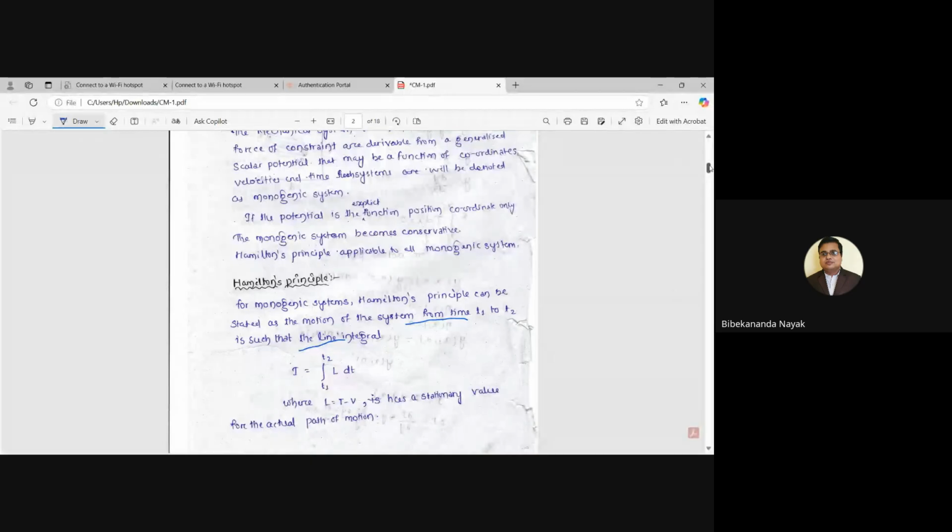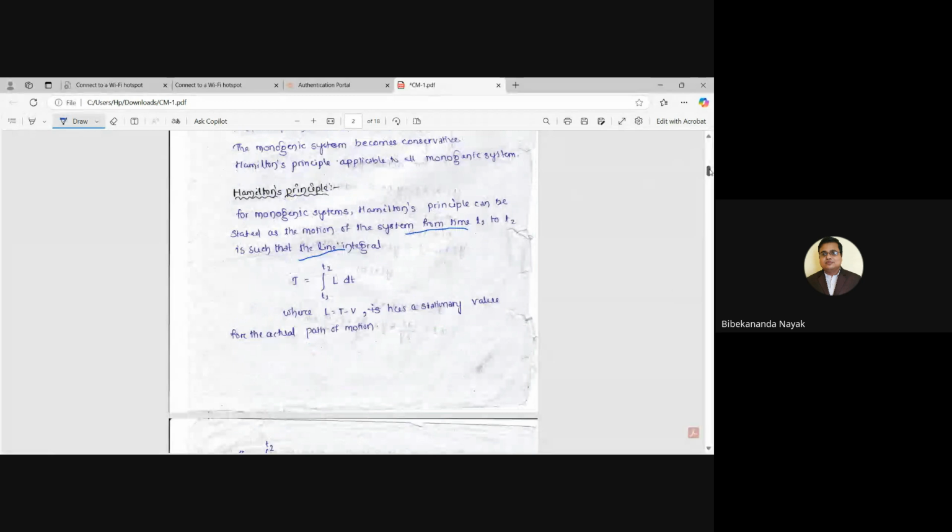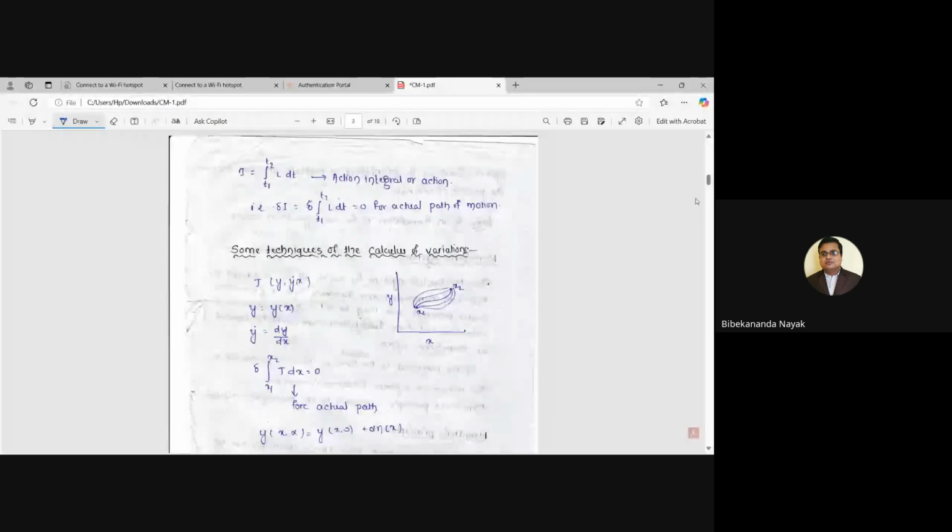Suppose the system is moving from point 1 at time t1 to point 2 at time t2. The motion is such that the line integral is constant, so its variation delta is 0. Okay?